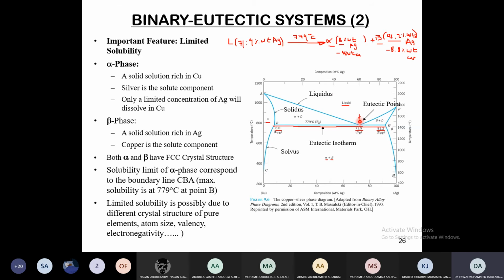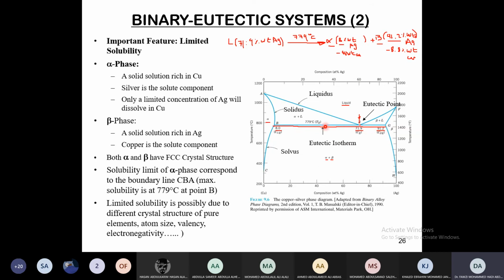Now, as we come down just below the eutectic, how do we get the composition? We have two phases, alpha and beta. What is the composition of alpha and what is the composition of beta? We draw a tie line, the same thing we did in the previous phase diagram.